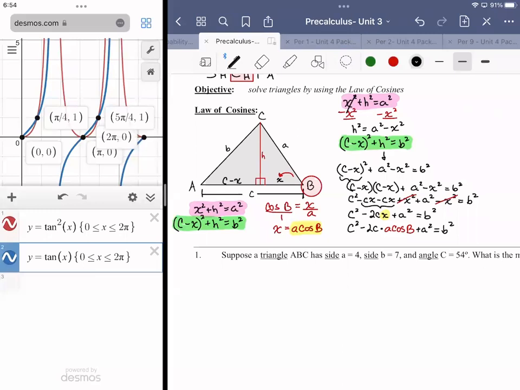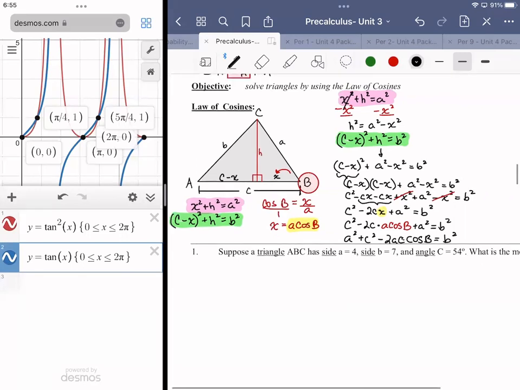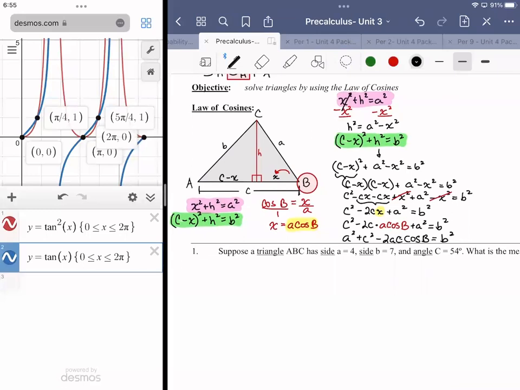If I put the a squared and the c squared together, I could say a squared plus c squared minus 2ac cosine b, so 2ac times cosine b, is equal to b squared. That's one version of the law of cosines.